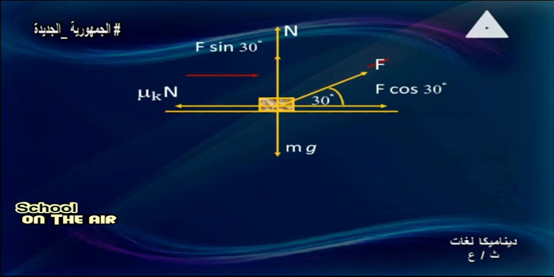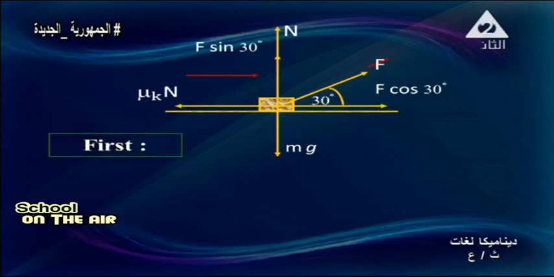Then the force F can be resolved into perpendicular components. The first component F cosine 30 is in the direction of the plane, or parallel to the plane, and the second component F sine 30 is in the direction perpendicular to the plane, as shown in the figure.